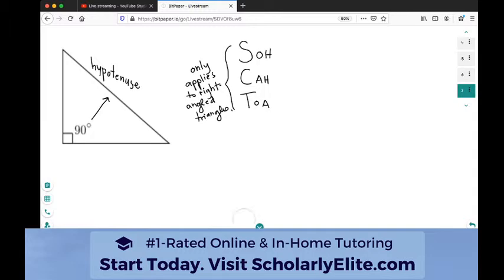Another thing that we want to make sure that we understand is that when we're talking about SOHCAHTOA, we're technically referring to a particular type of angle. So you're either talking about one of the two angles that are left in the triangle. So if I'm talking about this angle, and I'm going to use this symbol, it's called theta. Theta is a Greek symbol, so that's what it looks like. You can call it theta. What theta really means is unknown angle.